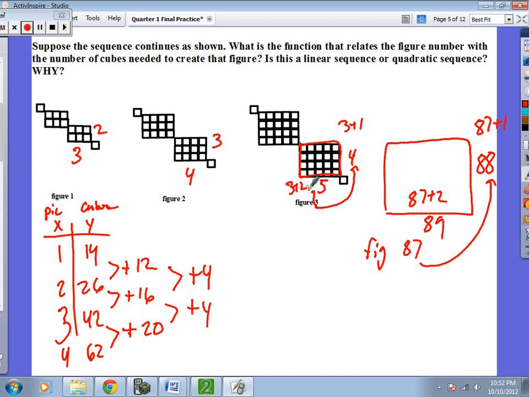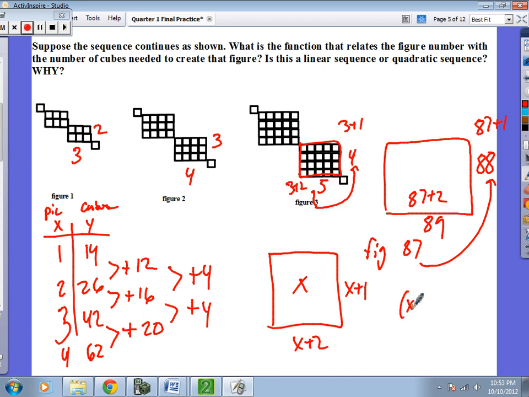So now, if I know that I'm just adding 1 to the height and adding 2 to the base, I can do my abstract pretty easy. For picture X, what does picture X look like? You're going to add 1 to the height, you're going to add 2 to the base, and then to find the number of cubes, you multiply those together.